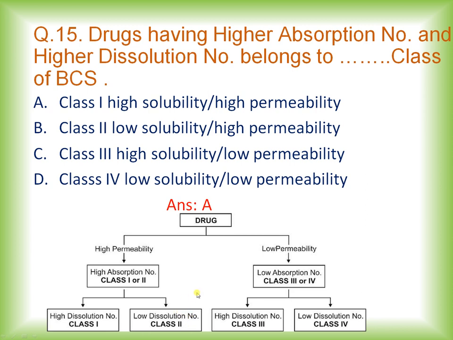And the drugs having low permeability also have a lower absorption number, so they mainly belong to class 3 or class 4. If the drug has a lower absorption number but a high dissolution number, it is classified under class 3. If it has a lower dissolution number, it is classified under class 4 of BCS classification.